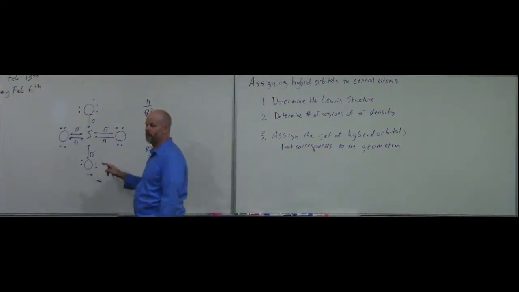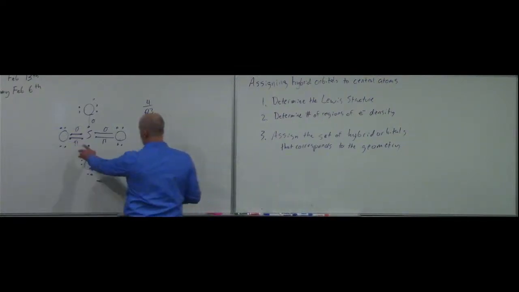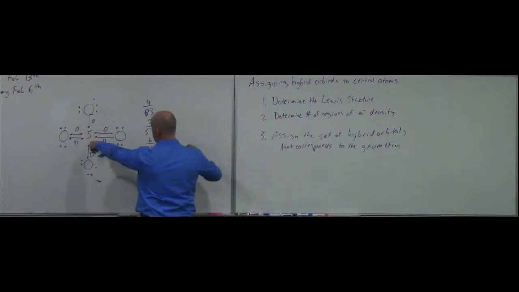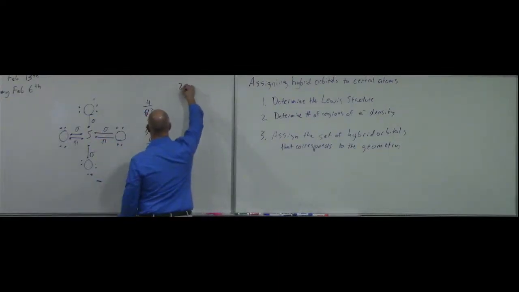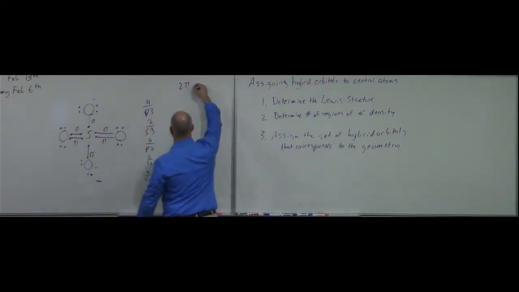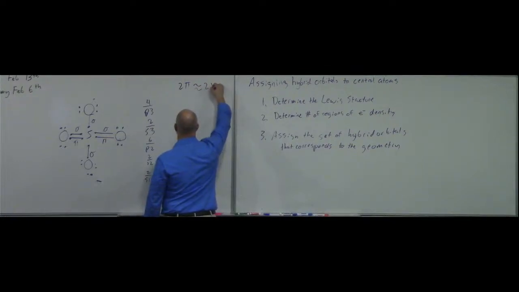What's true of pi bonds? What shape can make pi bonds? It needs to be the p. It can't be a hybrid, it's got to be a p, right? So when I look at this, I know I've got 2 pi bonds, which means that I've got to have 2 p orbitals.